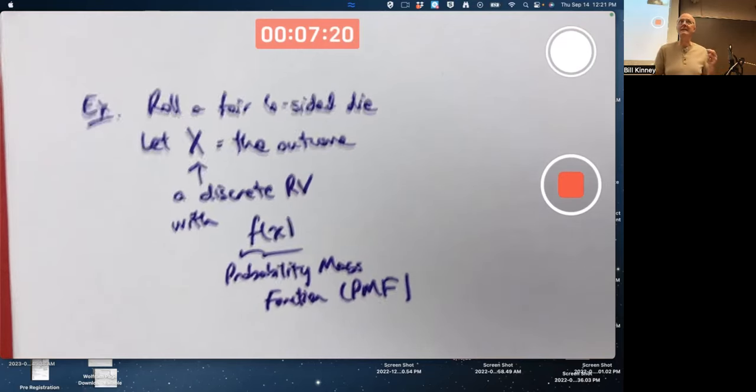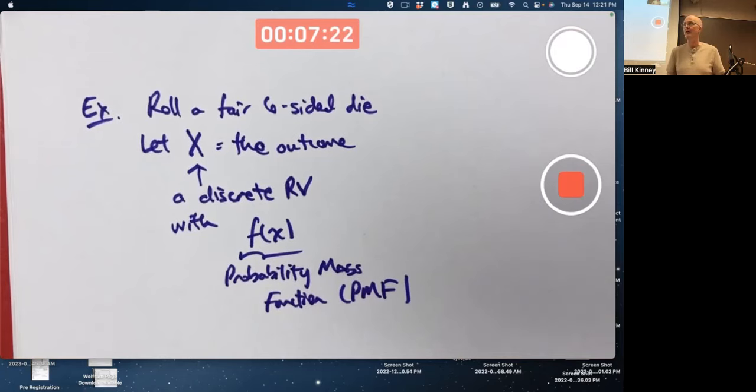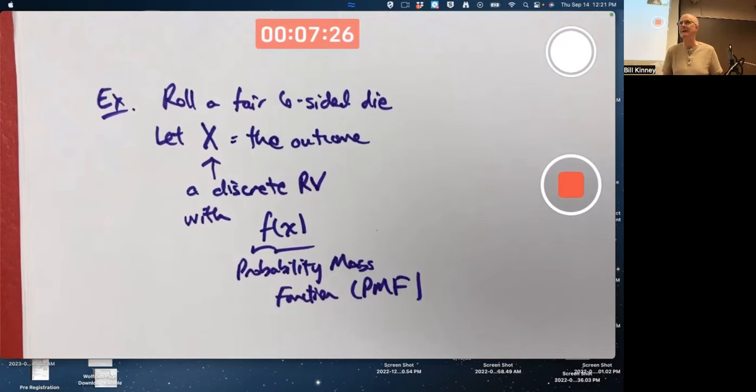In chapter 4, with continuous random variables, we will have a PDF. We'll still use little f of x for it. But when you plug numbers into the PDF, you don't get probabilities. You get probability densities, which we will ultimately see means you have to integrate PDFs to find actual probabilities.